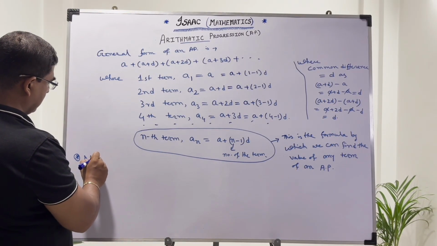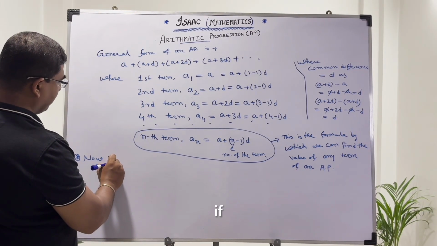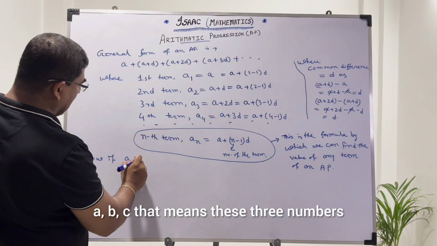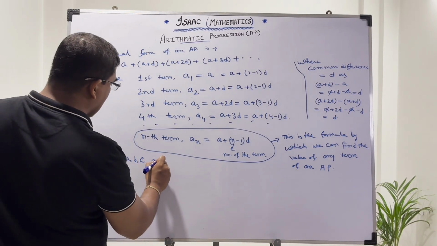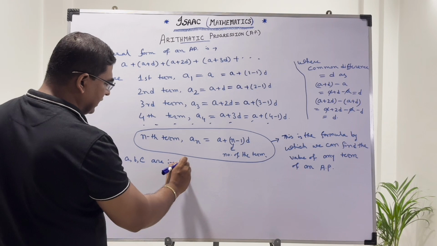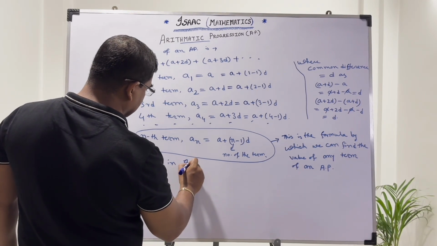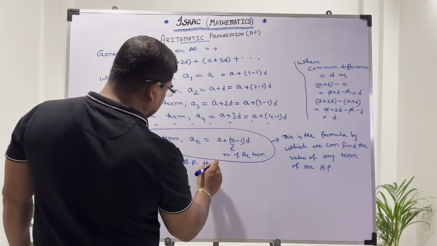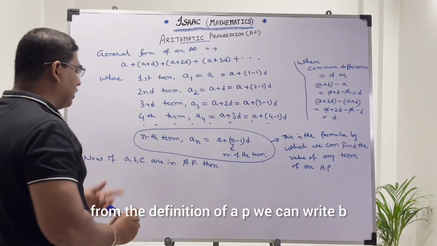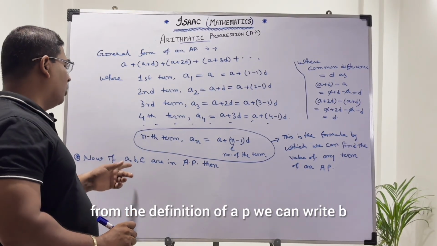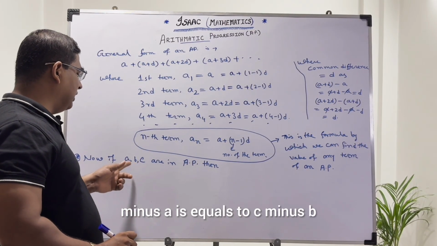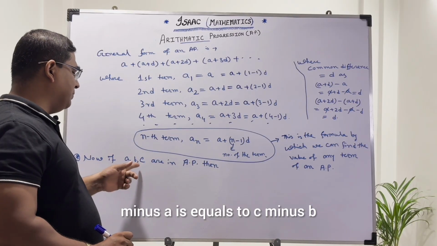Now, if a, b, c, that means these three numbers are in AP, then from the definition of AP, we can write b minus a is equals to c minus b.